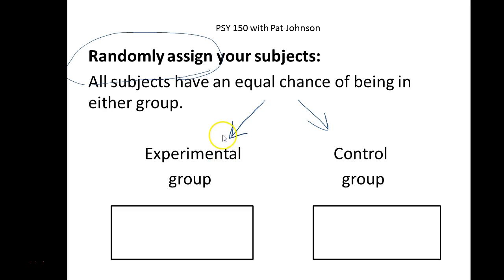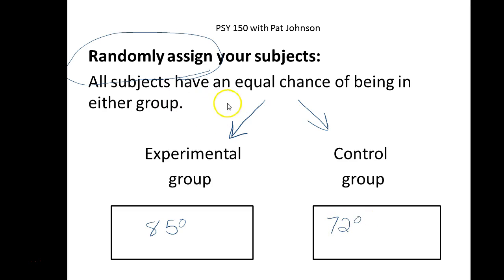So often it's done by random assignment in a computer generation type system, but any technique that you can come up with where every subject has an equal chance of being in the experimental group, the one that gets 85 degrees, and the control group, the one that gets 72 degrees.